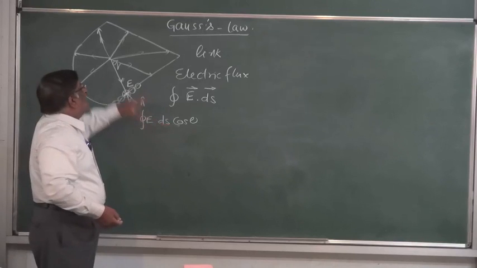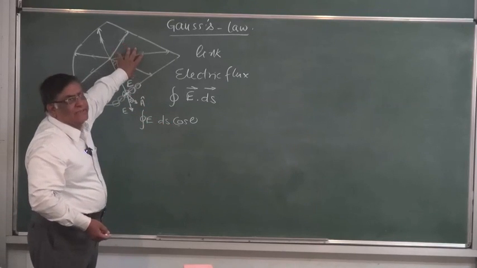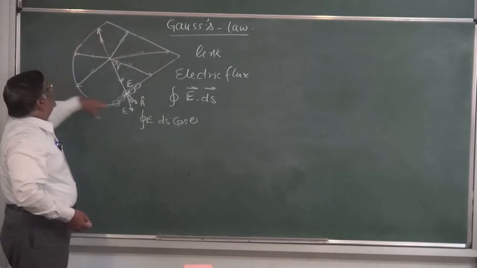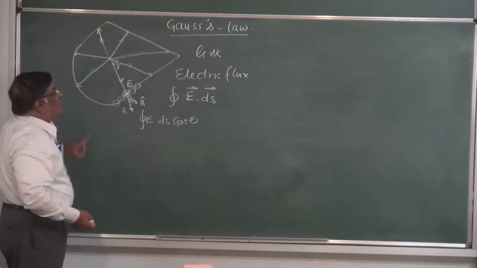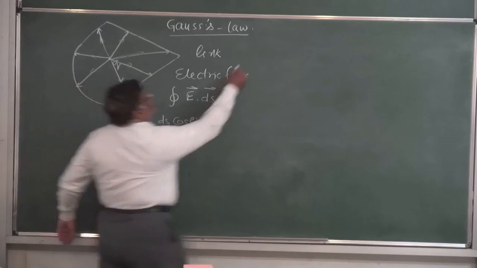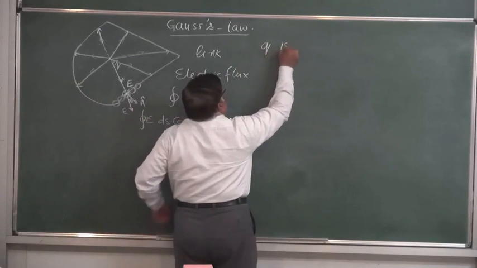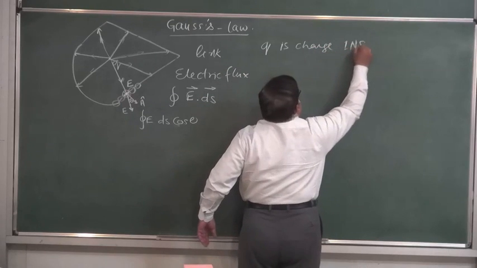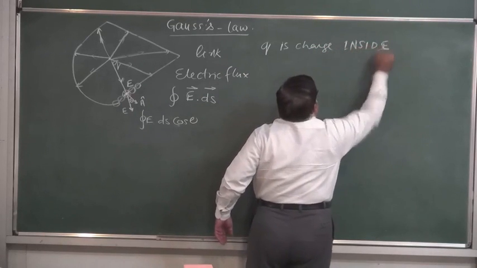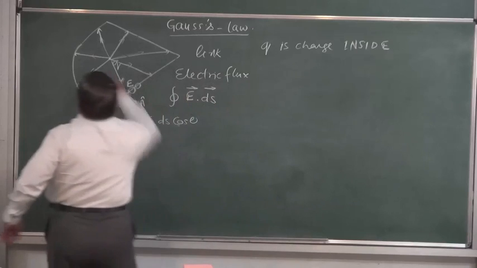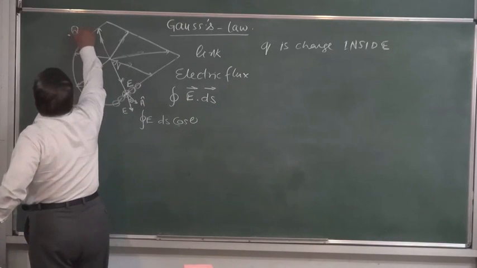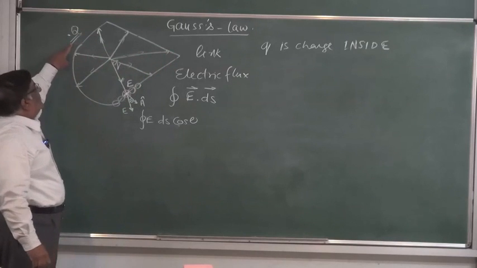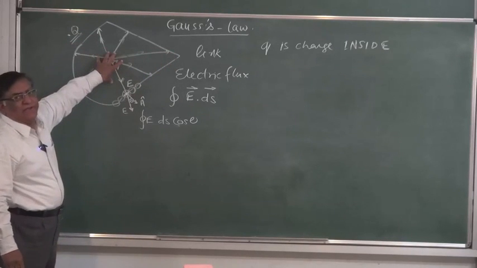Now Gauss says this flux depends upon the charge which is kept inside the surface. Inside, that is very important. Q is the charge inside. If a charge is kept outside, then Gauss says it will not affect the flux related with this surface.